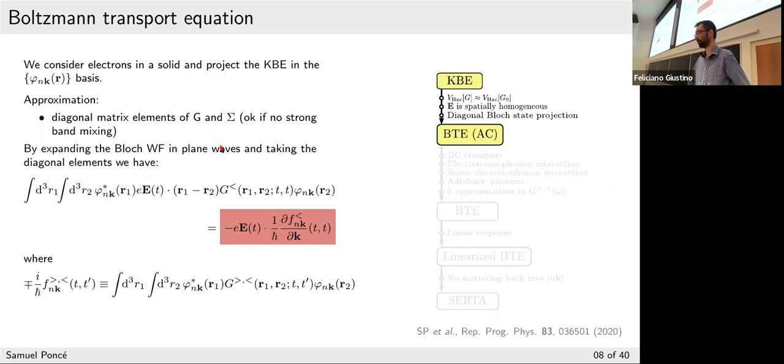In a case where you have strong band mixing, this approximation would not be very good. It's just that at present we don't have a good way to deal with that. But that would be an interesting direction to go, trying to generalize this to include that information. But at present, with what we are able to compute, we need to do this approximation. It doesn't have to be, but it's what we've been doing so far. And it's working quite well for simple semiconductors and so on. But I agree that there might be a system in which this might fail. Totally agree.